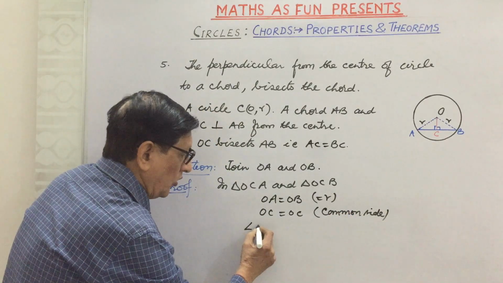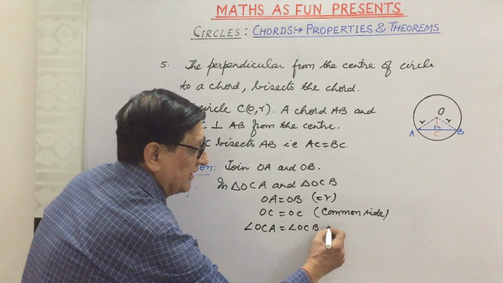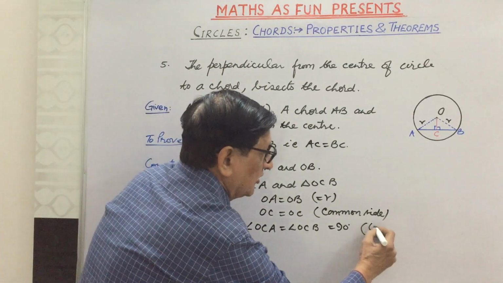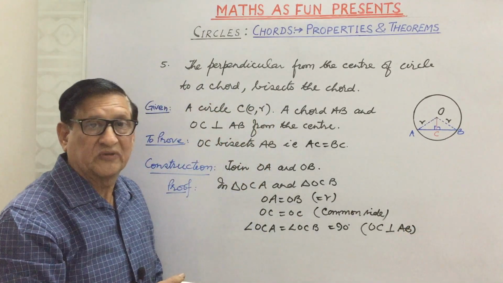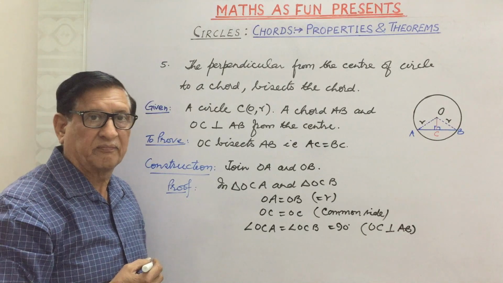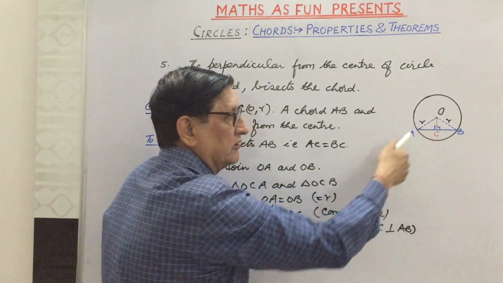And angle OCA is equal to angle OCB, each is 90 degrees. Why? Because OC is perpendicular to AB. So these two angles will be 90 degrees each. Do we find that these are two right angle triangles?